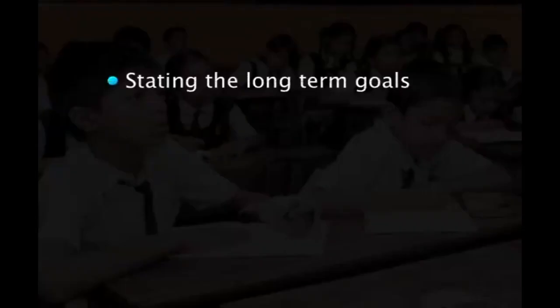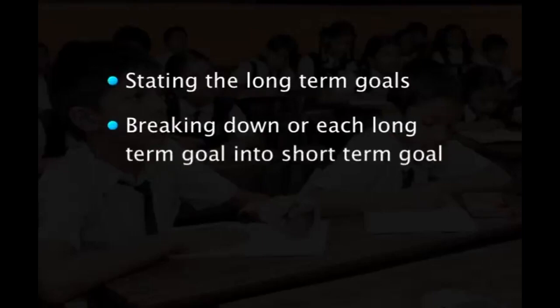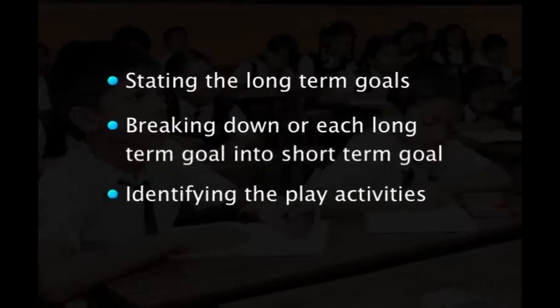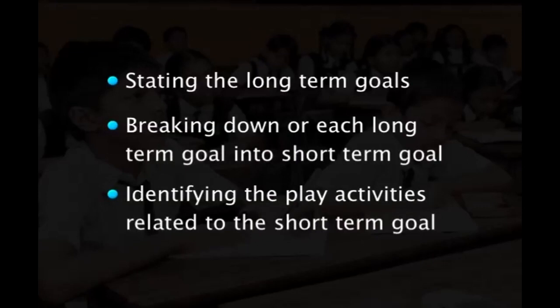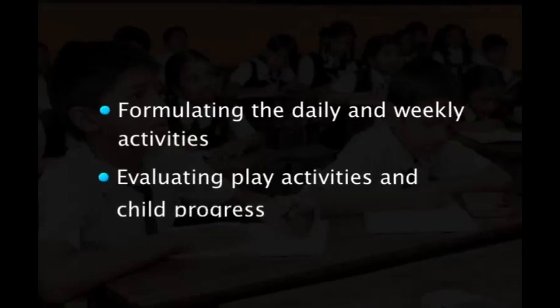They are stating the long-term goals, breaking down each long-term goal into short-term goals, identifying the play activities related to the short-term goals, formulating the daily and weekly activities, and then evaluating play activities and child progress.